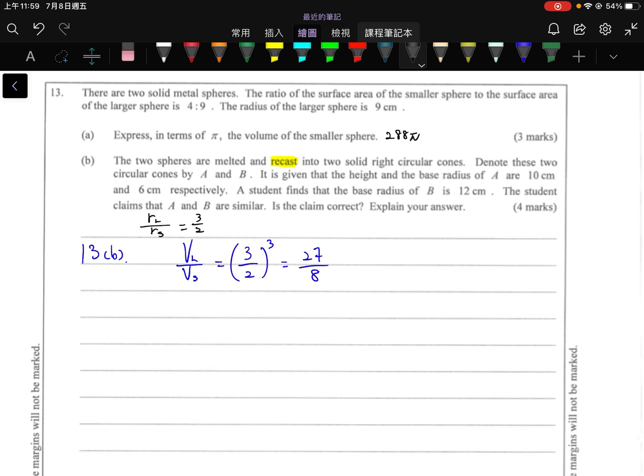Because in part A we already found the volume of the smaller sphere, we can quite easily find the volume of the larger sphere this time.